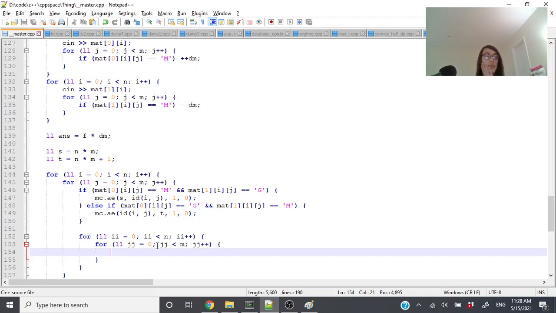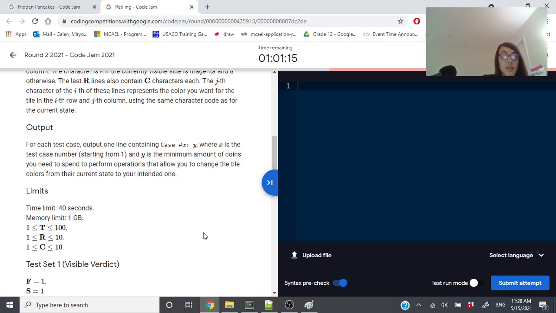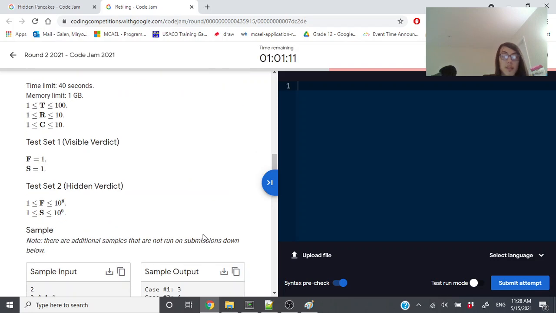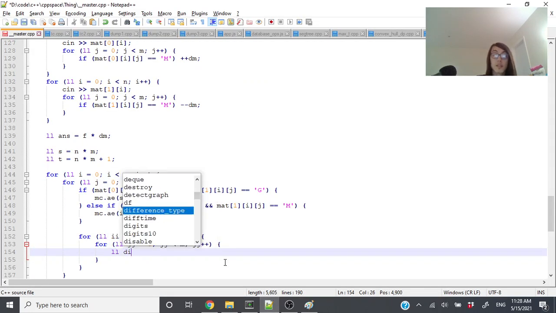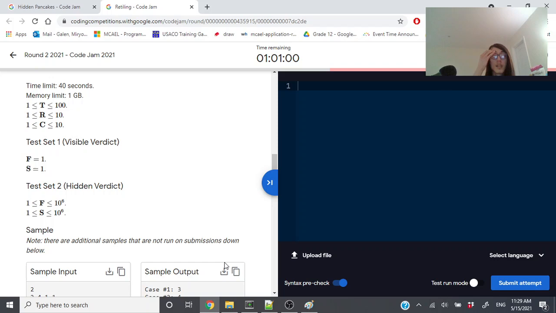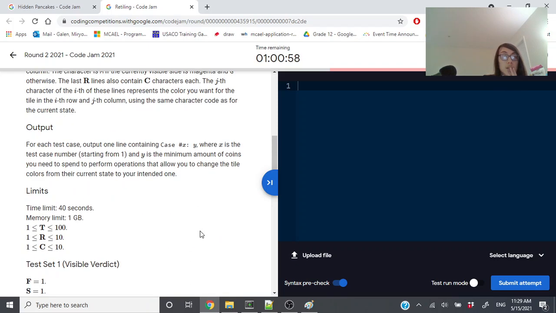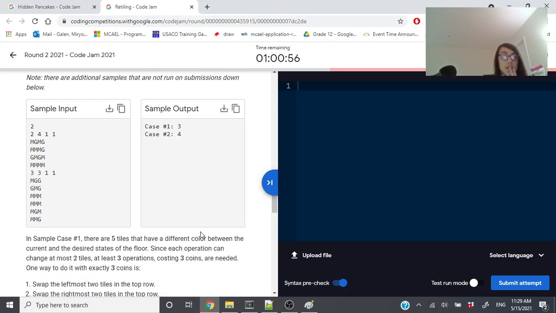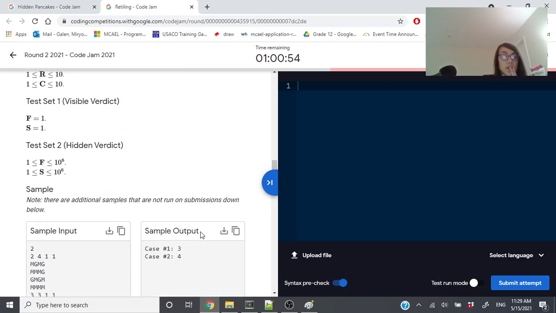Okay, so for example, we can swap the two indirectly for a cost of 2 times f plus their distance. MC dot add edge. So it's 2 times f times their distance. Or no, wait, is it 2 times f?